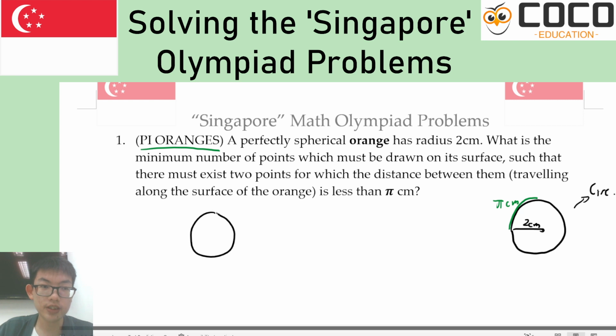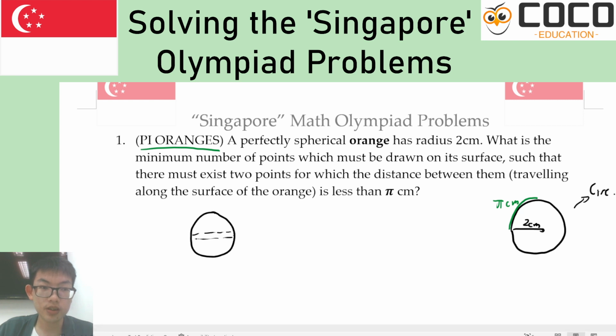If we draw a sphere, it would make sense to have the points at the top and bottom, and then just pick 4 points along the sphere which are evenly spaced. So this would basically just involve 2 circles, and each of the circles you just pick 4 points on them. So this would give you 6 points.